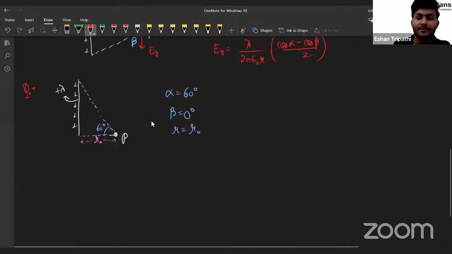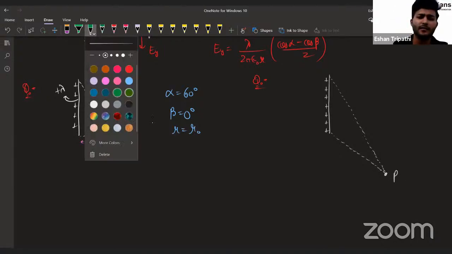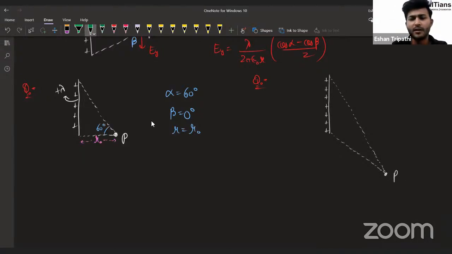But what if the question was something like this? This is the point P that we are supposed to find the electric field at.